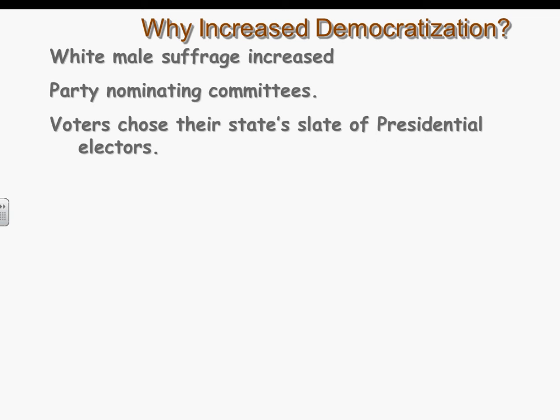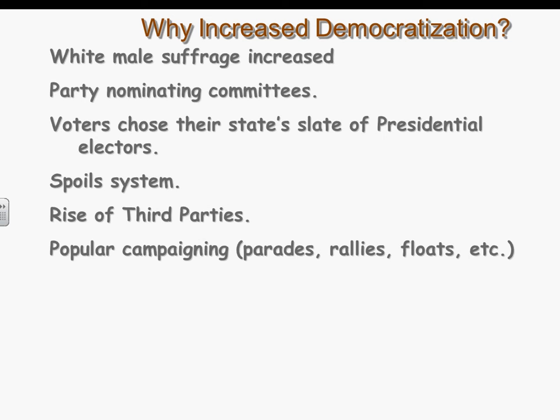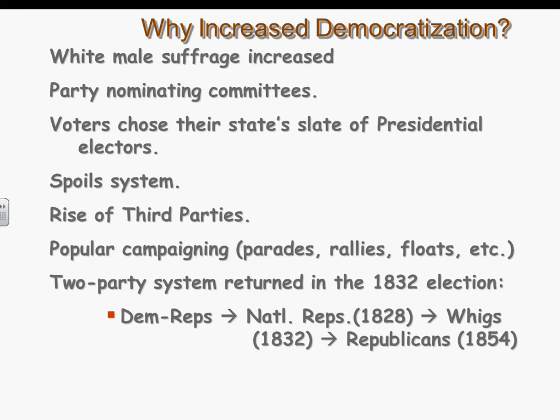So voters choose their state slate of presidential electors. The spoils system is part of this, where you get jobs if you support a particular candidate. The rise of third parties, of course, popular campaigning, two-party system. This shows kind of the transition that we'll see.